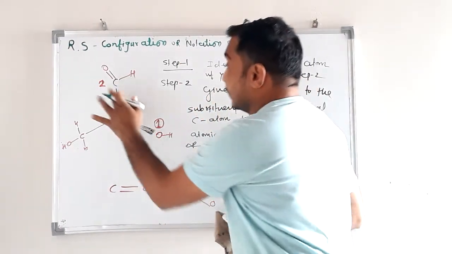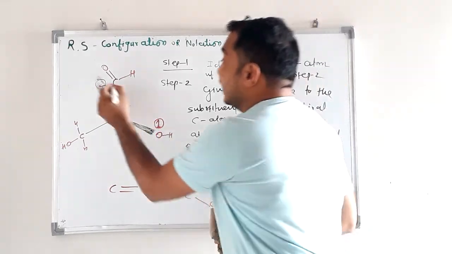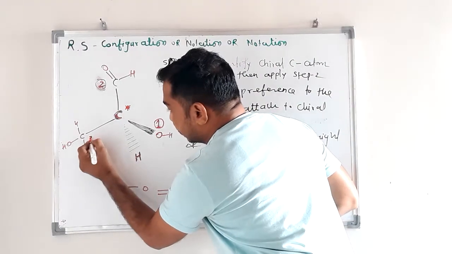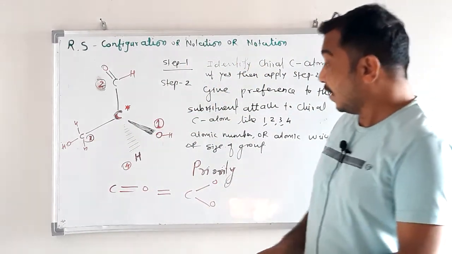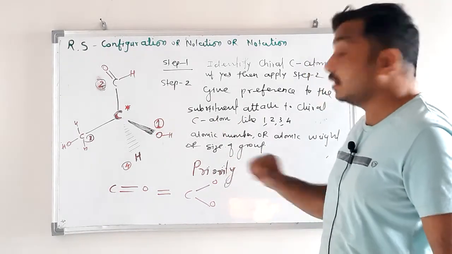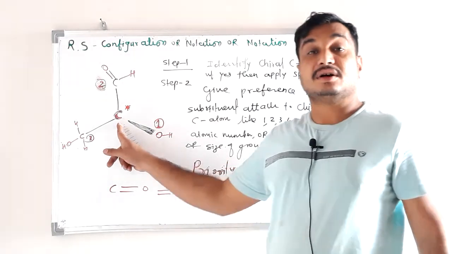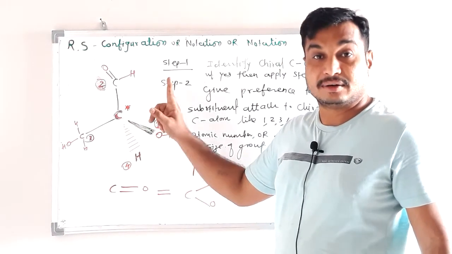Second number goes to the aldehyde carbon atom, remember. Then third, this carbon, and 4 hydrogen. Now we have given priority to the 4 substituents attached to this asymmetric or chiral carbon atom.